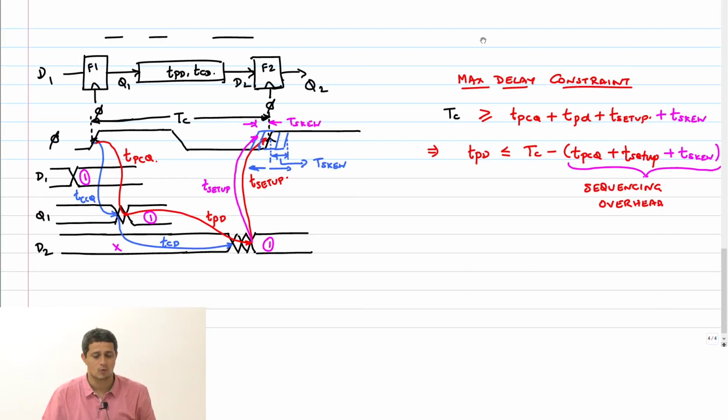So what you are saying is, what if this guy at F1 arrives late? So, okay. If this arrives T skew later, right?